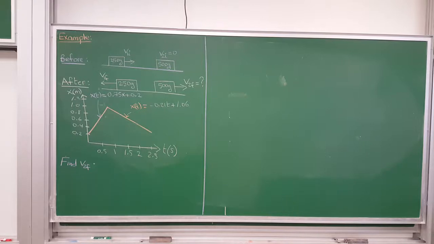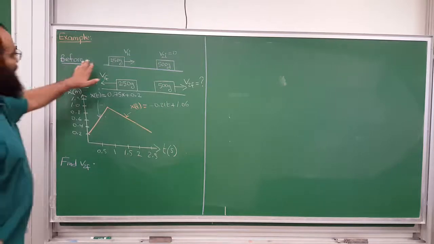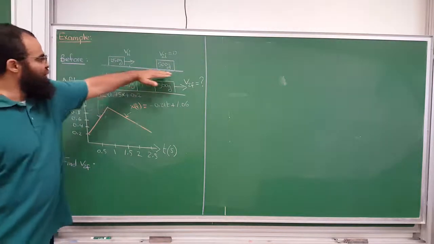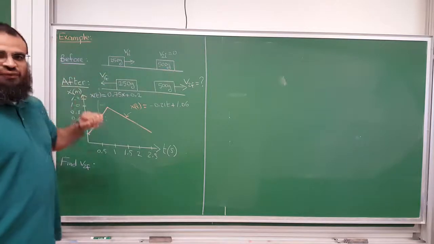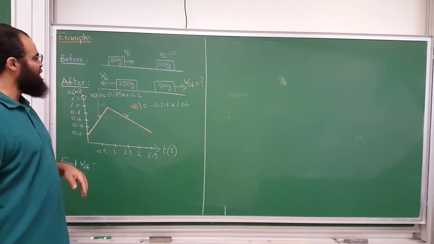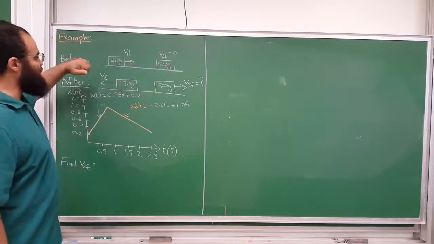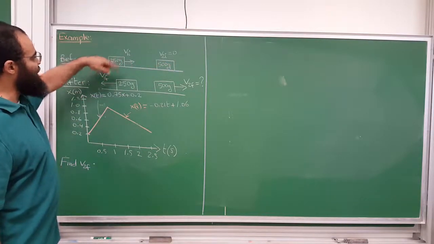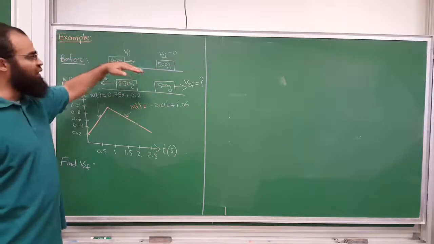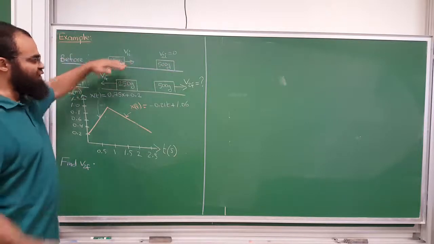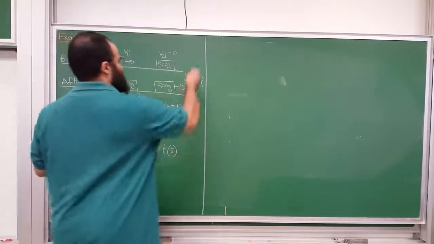So let's see here. You have a lab bench here, and we're assuming it is frictionless, okay? It's frictionless, and so there is no force due to friction. There is the normal force and gravity, but they are in the y direction. We're concerned about this x direction here. This is the x direction.